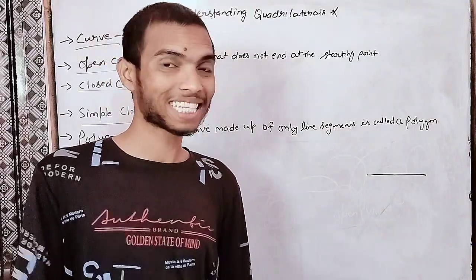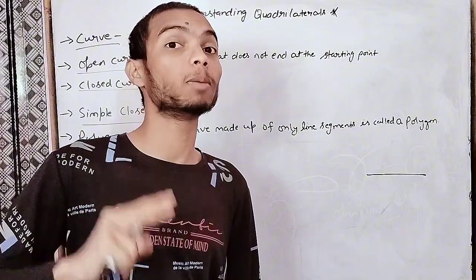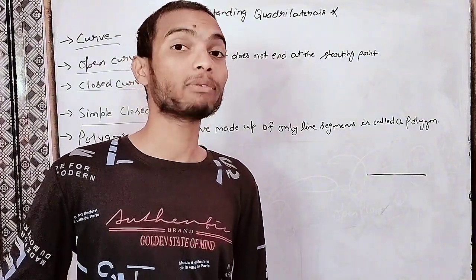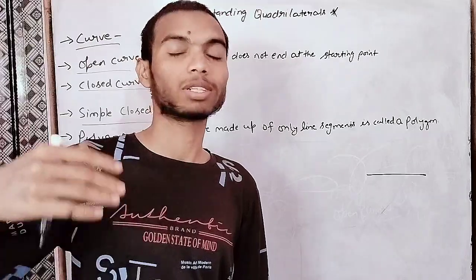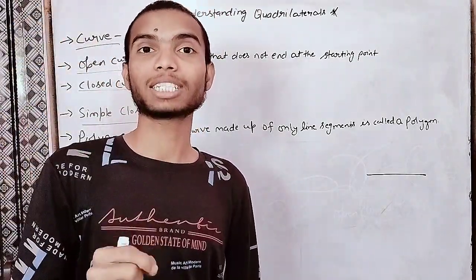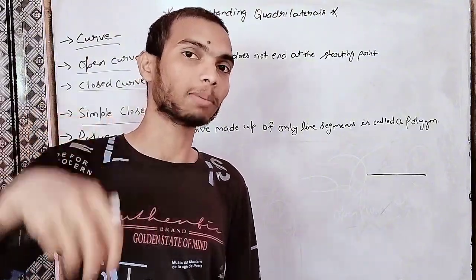Here I said that we should have three line segments, then we will be able to make a polygon. And if we have more, then we can create more polygons. But at least we should have three line segments.